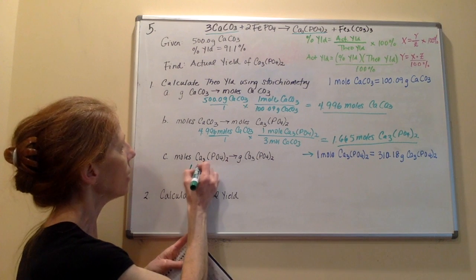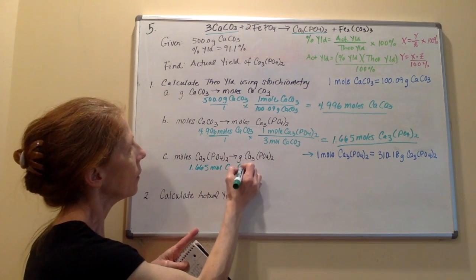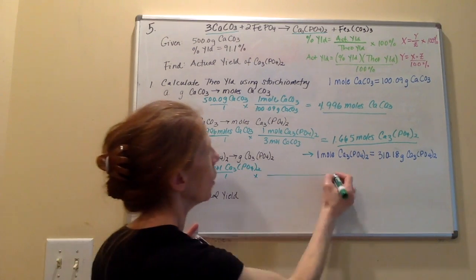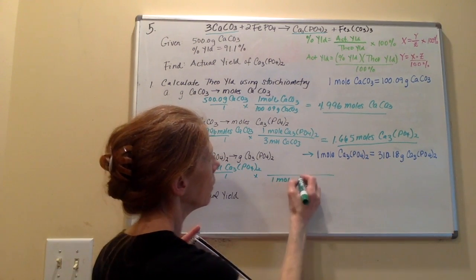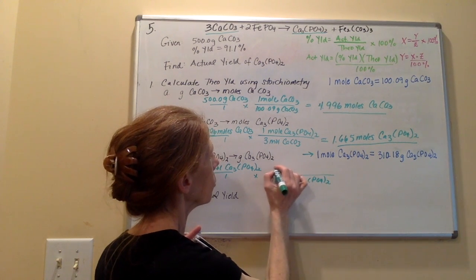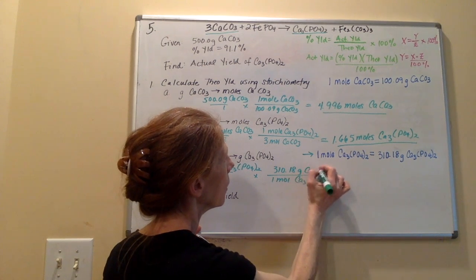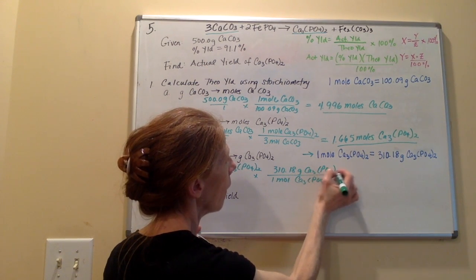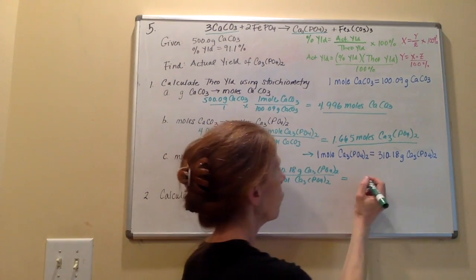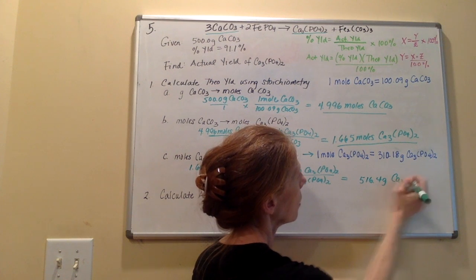Well, let's calculate it and see. For every 1 mole, I've got 310.18 grams, and that ends up being 516.4 grams of calcium phosphate.